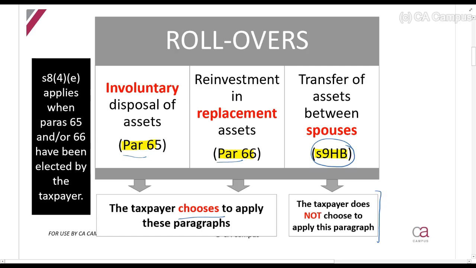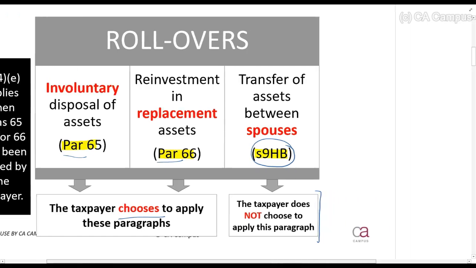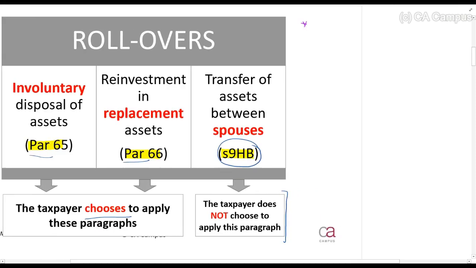Now, in an exam, you'll see that they will often make a comment where they will say the taxpayer has indicated he wishes to reduce or defer his tax as far as legally possible.